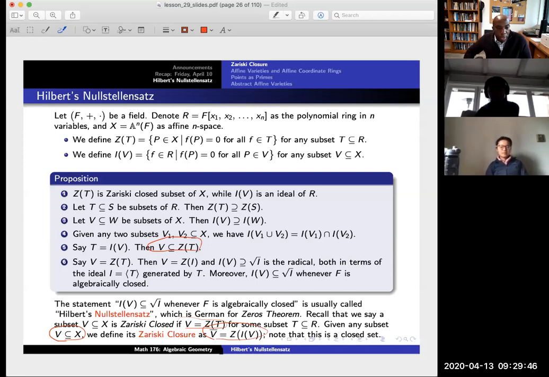But again, the Zariski closure, you can think of as the smallest Zariski closed set that contains V. Right, so this will be the definition that we'll use for Zariski closure. Okay, so any questions before we start to go over the proofs of some of these statements?